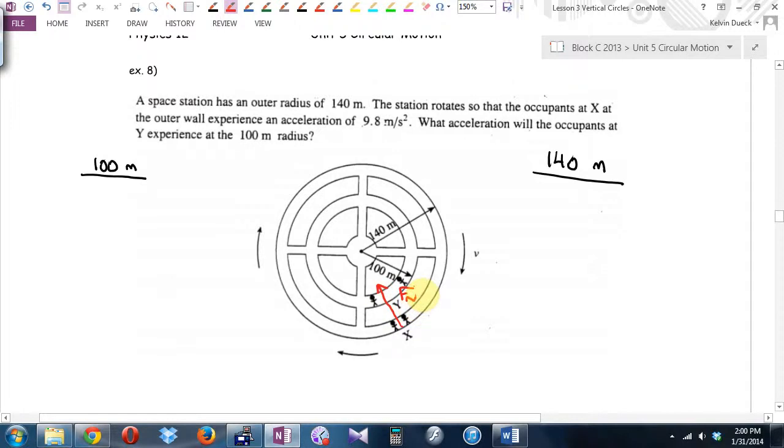So at the 140 meter point, my equation would look like this. In fact, at the 100 meter point, my equation would look like this.